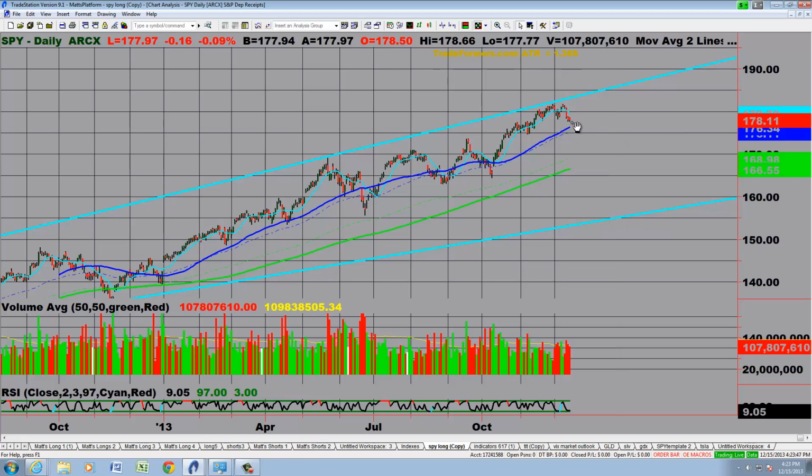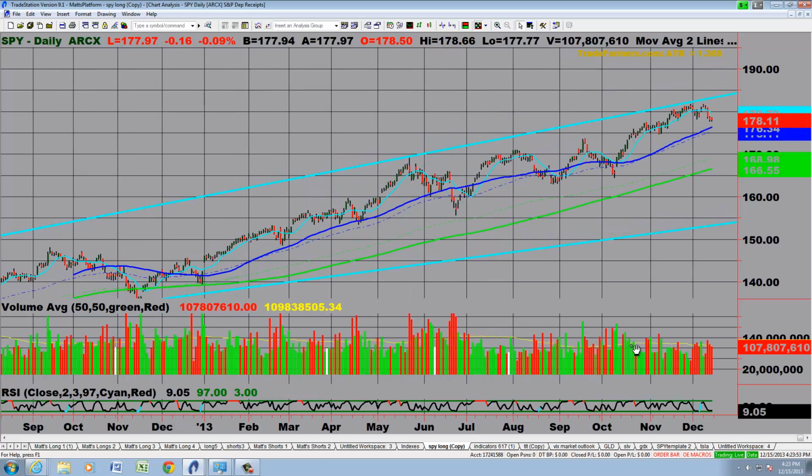You had a series of 4 or 5 down days in the spiders. A couple things to note here. Number one, on the downside, if you look at the number of volume bars that exceed the volume of the prior day, distribution days, we've clearly had about 3 or 4 of them over the last 2 weeks.